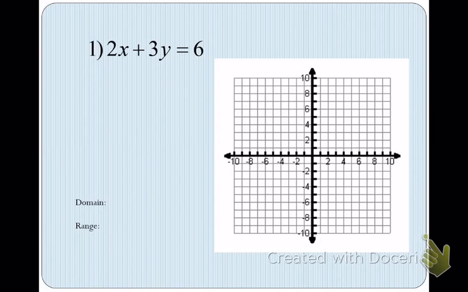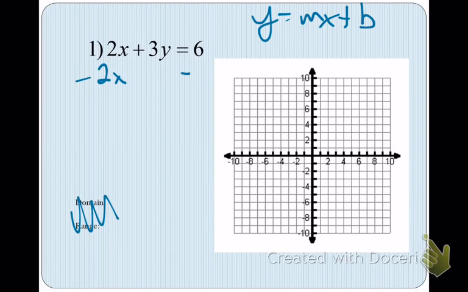Now, it's been a little while, so let's do some quick review first. I want to review slope-intercept form, so let's work on getting these next few equations in slope-intercept form and then graph. Don't worry about the domain and range down here. Now you have to remember, slope-intercept form means we're going to get the y variable by itself. So to do that here, and we'll do this one together, subtract 2x from both sides.